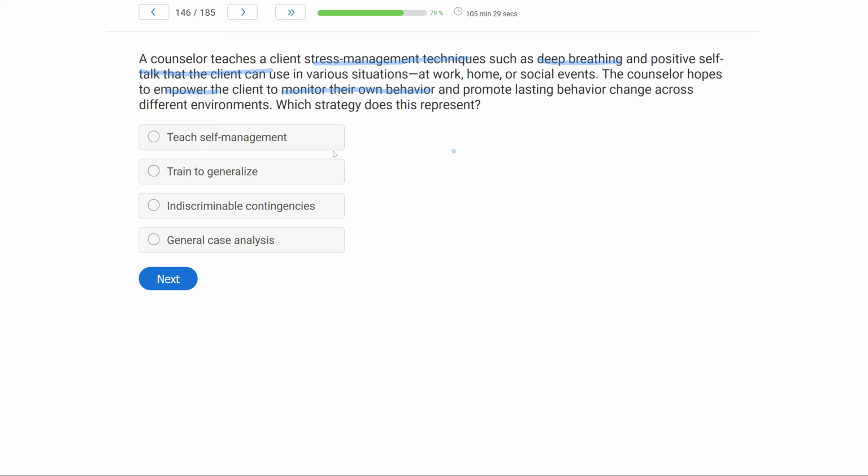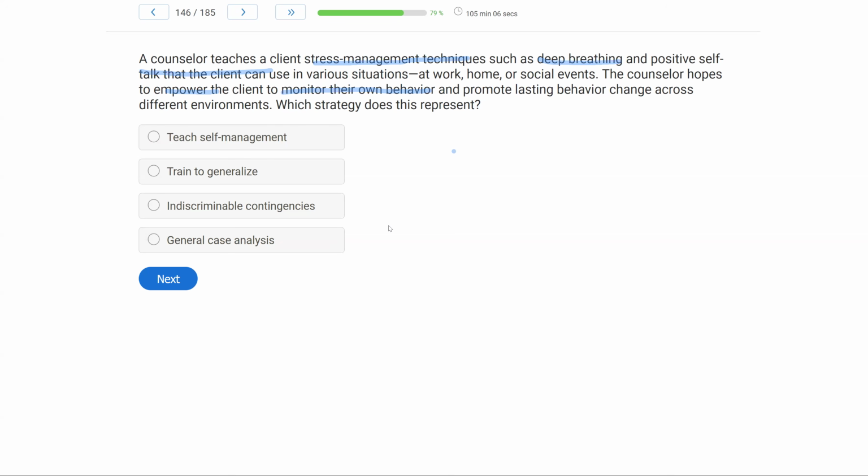Self-management is the best gift we can give to someone because that means they're not dependent on other people for that management. Train to generalize, that is not a strategy, that is what we should be doing. So we should always be teaching and training and planning to generalize. Indiscriminable contingencies, again, is disguising consequences, not what's happening here.